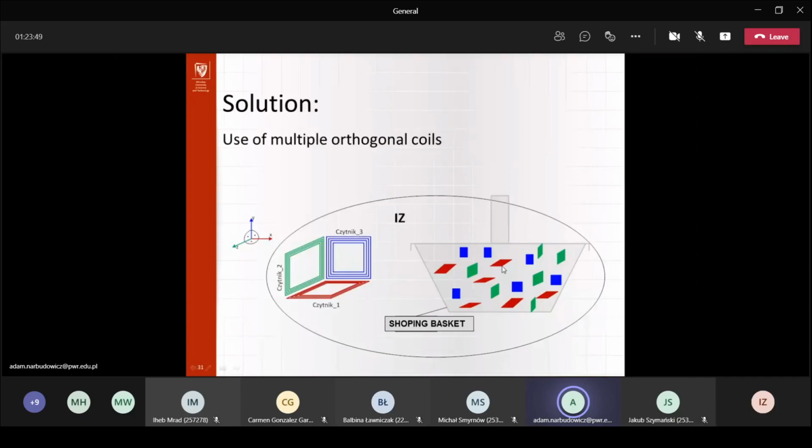So if a tag is orthogonal with respect to one coil, it will still interact with the remaining ones. That's also a safeguard against thieves, or people taking items out of the shop without paying.